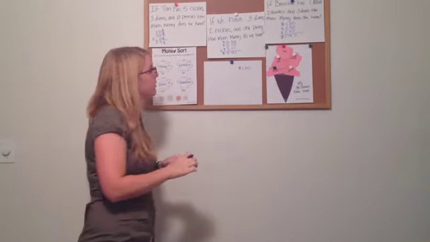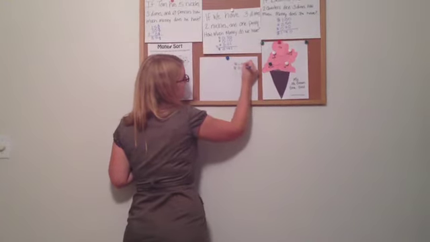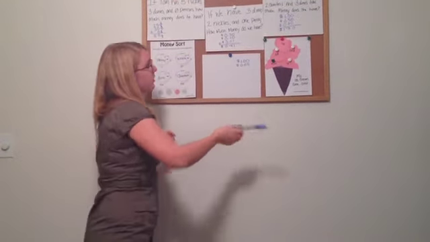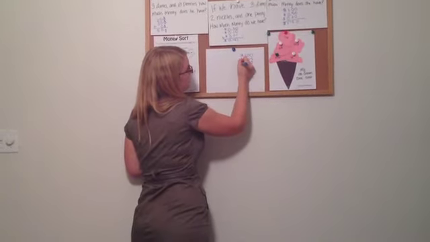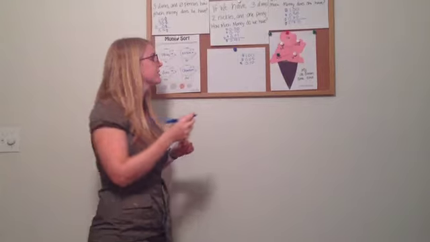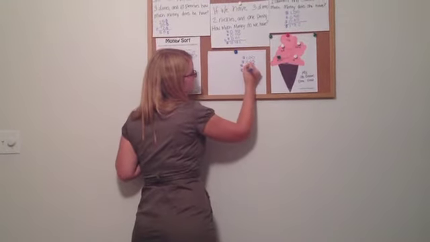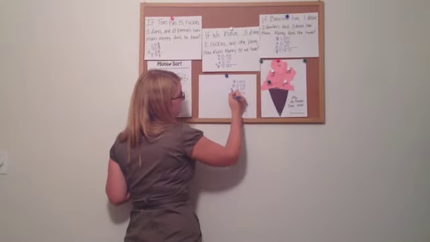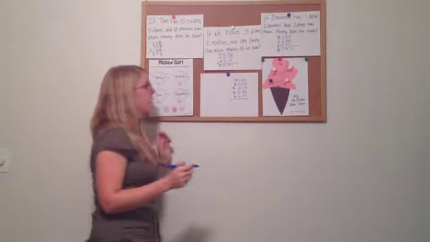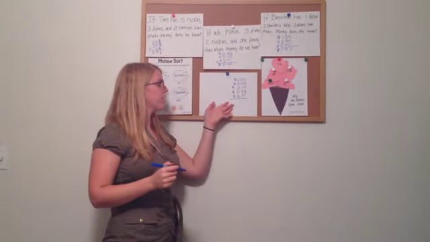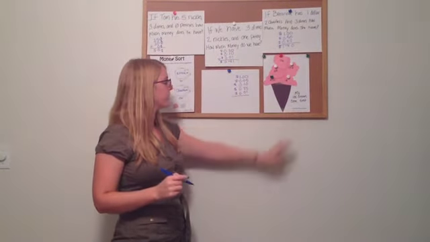Then we have 5 cents, so we're going to write 5 cents. Then on the top of our cone, we have 10 cents. And you guys will each be able to practice this on your own whenever I pass this out. Next is 25 cents and 1 cent. Then we're going to add all this total together and get our total cost of our ice cream cone, which we will put down here in the bottom right corner.